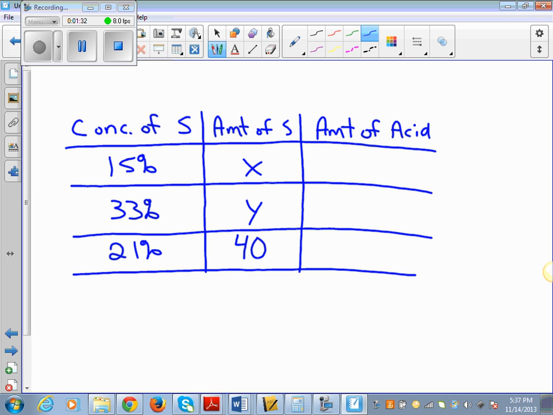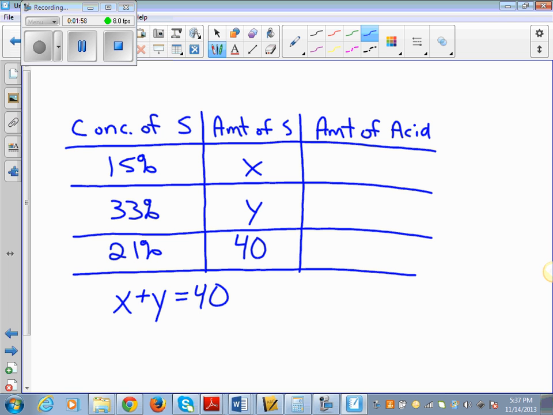X would be the amount of the 15% solution, Y would be the amount of the 33% solution. And if we look at our table, if we're adding just the X and Y together to get 40 liters, then we can use the equation X plus Y equals 40 liters, because we want our end solution to be 40 liters.